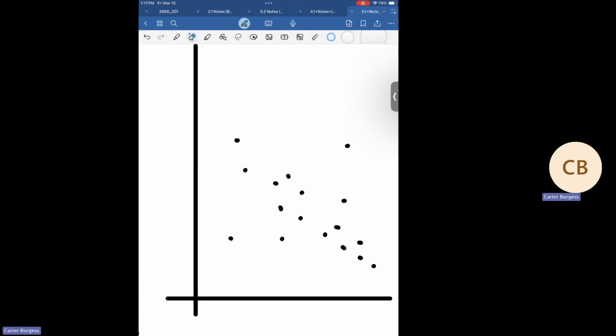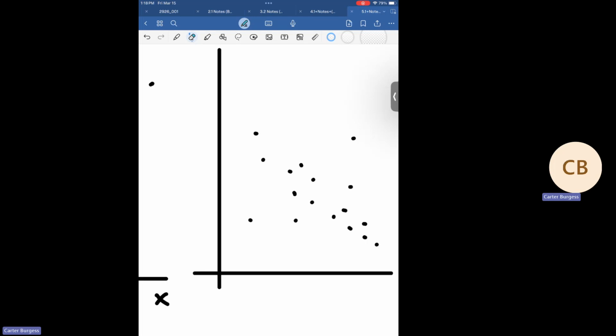If I gave you a large value of X, what kind of prediction would we make here? Well, maybe not necessarily negative, but maybe small.